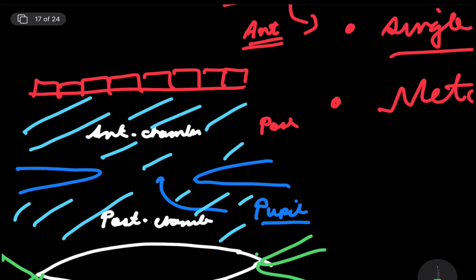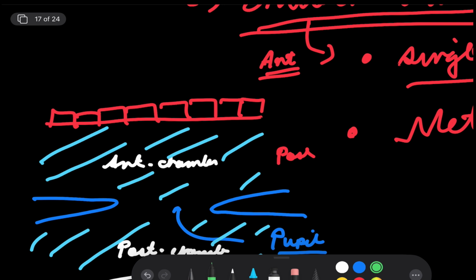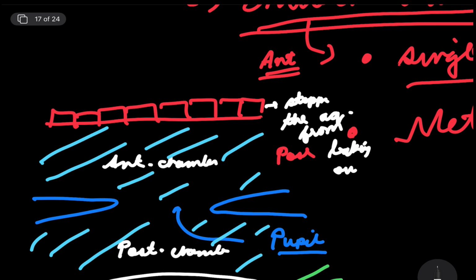So remember, endothelium, or rather the endothelial cells, what are they doing exactly? These endothelial cells are basically stopping the aqueous from what? From leaking out. These endothelial cells are preventing the aqueous from going into the cornea.